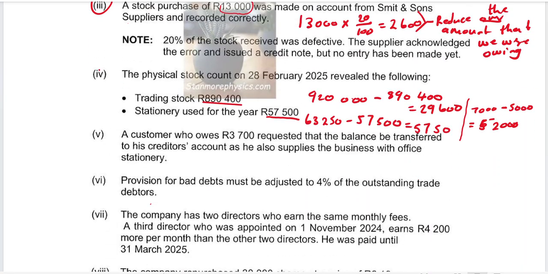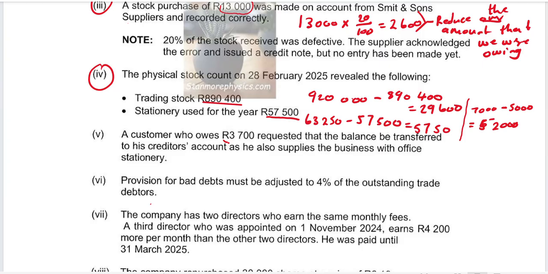Let's move on. Then they say a customer was owing us 3,700, and requested that the balance be transferred to his creditor's account, as he also supplies the business with stationery.